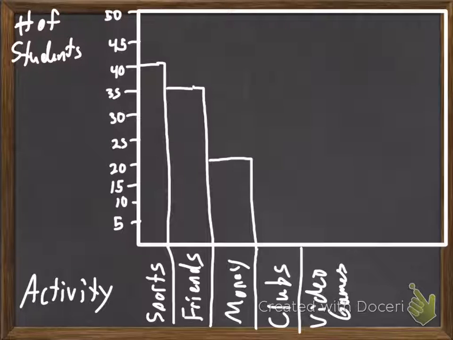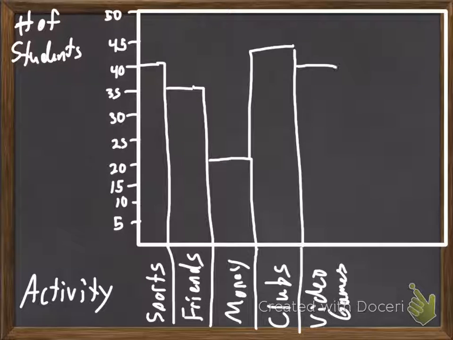Clubs was 42, so 42, that's going to be a little bit above that. Finally, video games is 38, so it's going to be lower, about right there. Actually, let's make it a little lower. So here we go. Here's our bar graph.